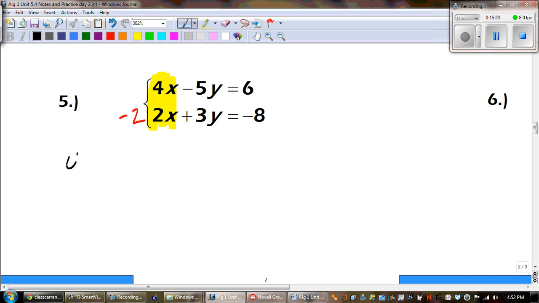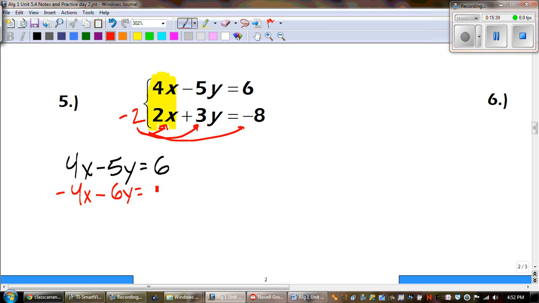So our first equation stays the same, 4x minus 5y equals 6. And you know what? Do you want to take it from here? Oh, okay, fine, I'll do one more. So -4x, -6y, +16. We're going to add those up.